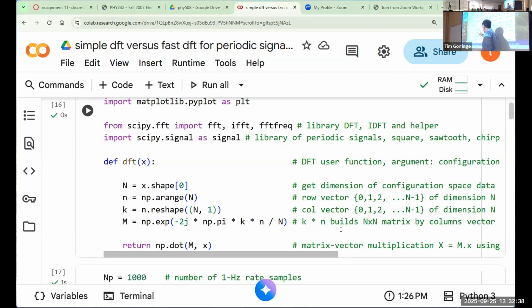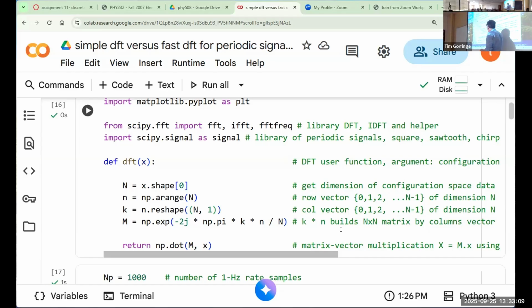If you think about the exponent of the matrix M, it was minus j, so J is i, not P for some reason, times 2 pi. So here's my 2 pi, times the products of k and n, the two labels, divided by the array size, the data set size.